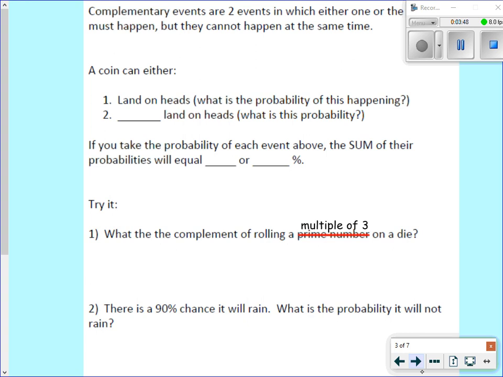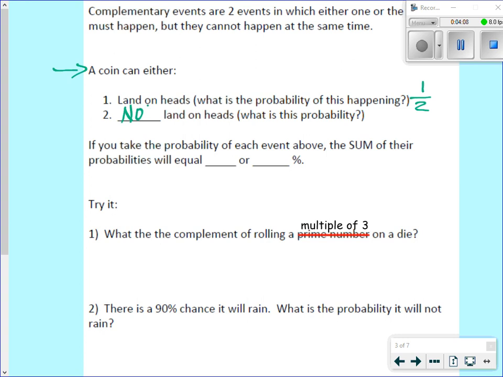Complementary events are 2 events in which either one or the other must happen, but they can't happen at the same time. So for a coin, it can either land on heads, so the probability of this happening is there's 1 head out of 2 sides of a coin.